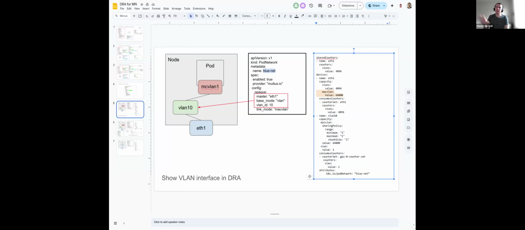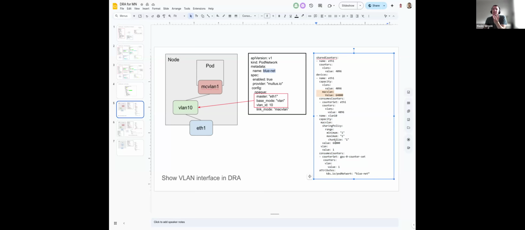The problem with that one, though, Masaharu, is that, imagine, this is what I'm kind of drawing up here. You have VLANs, and imagine you're going to have that sharing capacity for both VLAN and the Mac VLAN.